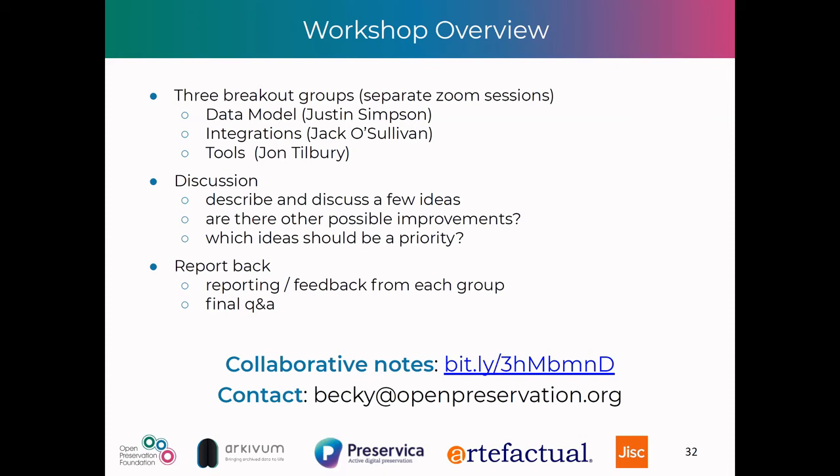Then we want to have a discussion with the group about whether there are other possible improvements we've missed, how these ideas can be refined or better explained, and talk a bit about the priorities for them. Then at the end of the breakout groups, we will come back into the one main room here to get a bit of reporting back from each of the groups.